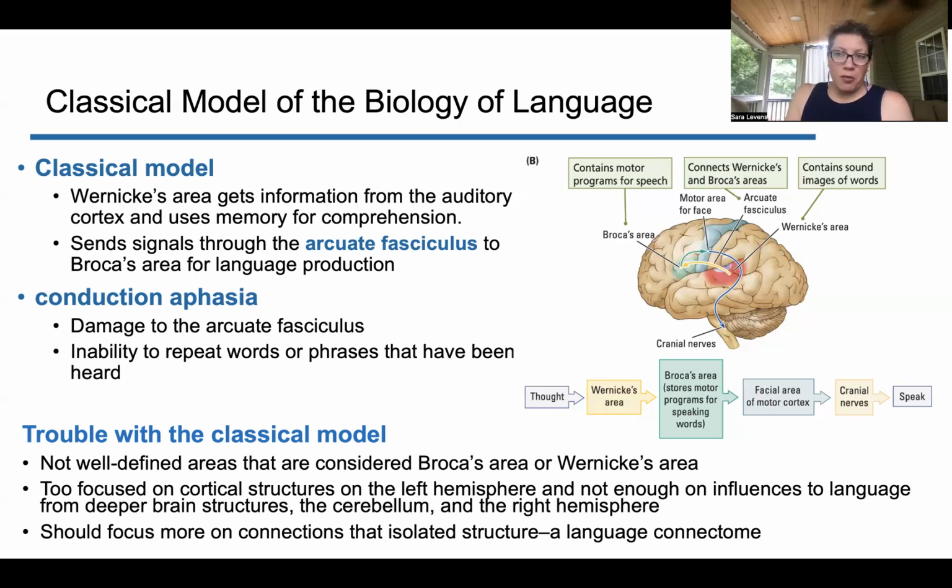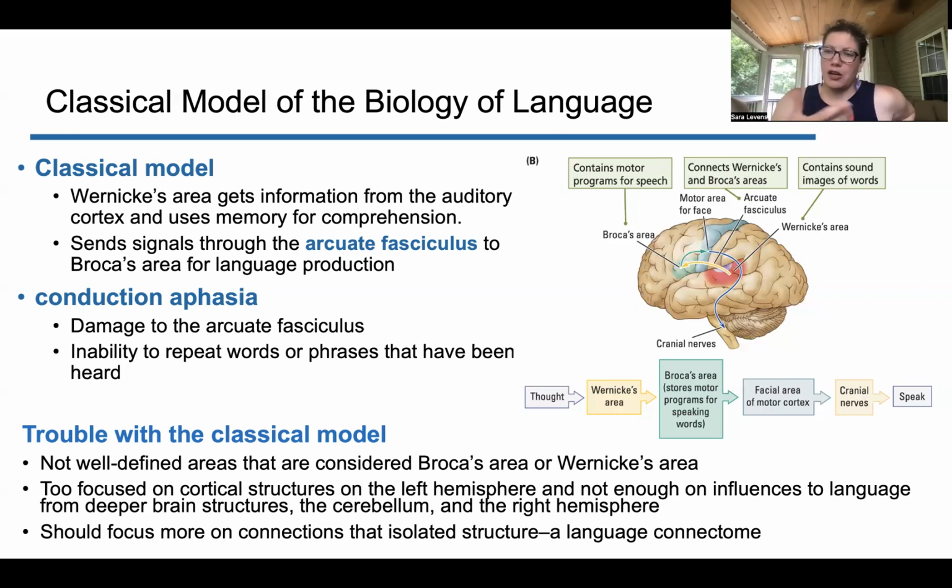But there's a little bit of trouble with this classical model. It's really based upon these older models, and some of the research in terms of the way you're dividing out the regions of the brain and separating them based on cell structure, these histological models, that's pretty far in the past.